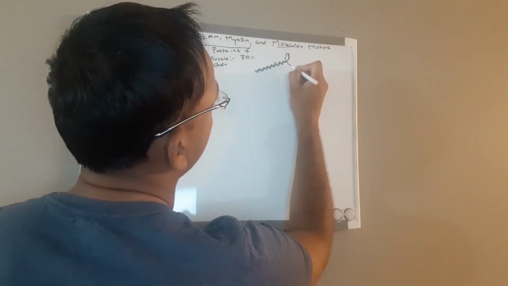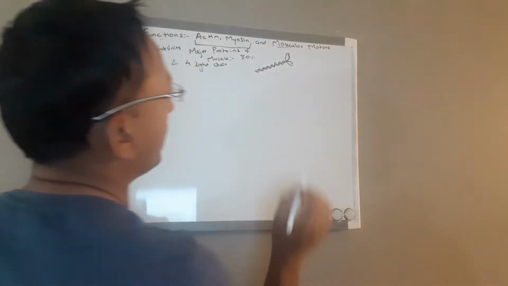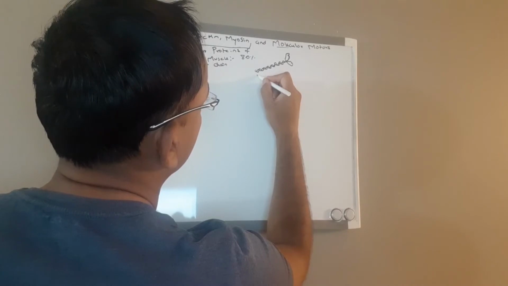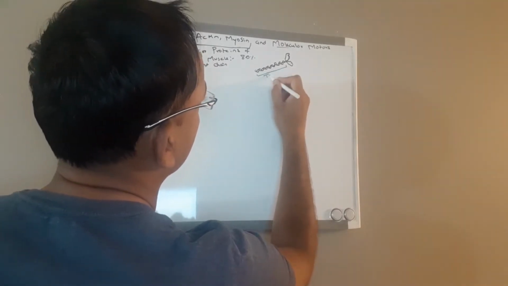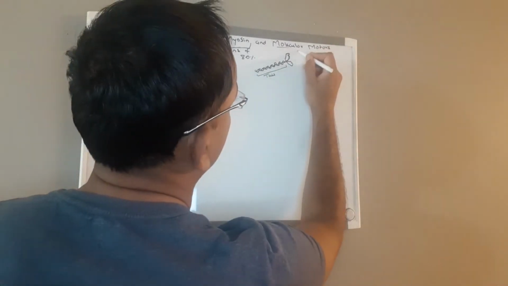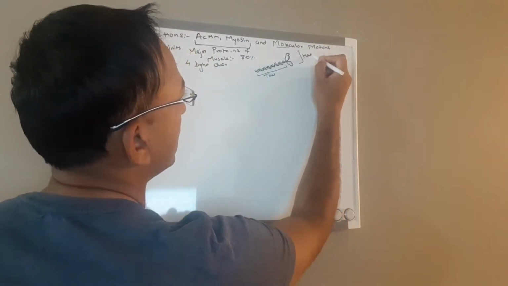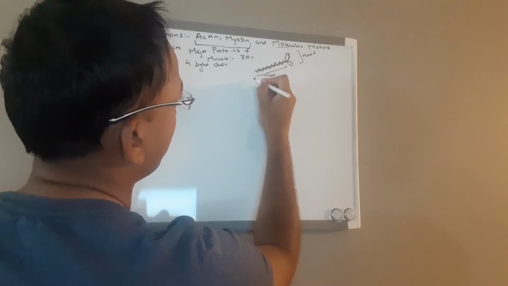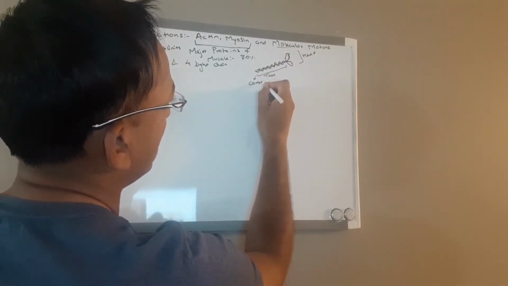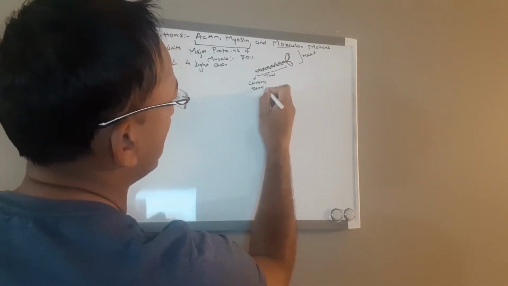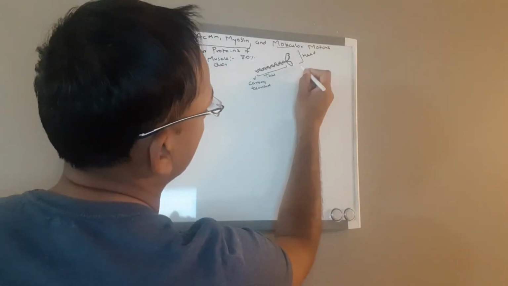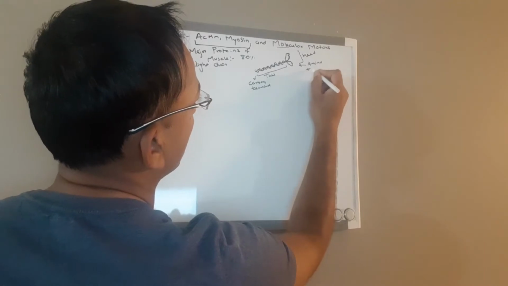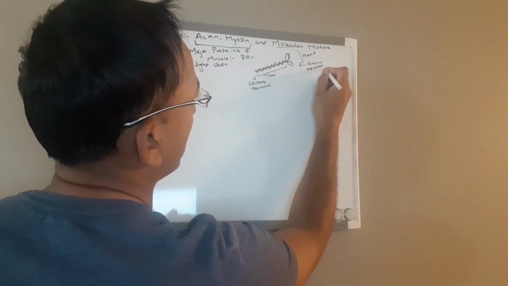This part is the tail, this here is the head, and this is the carboxy terminal, and this here is the amino terminal.